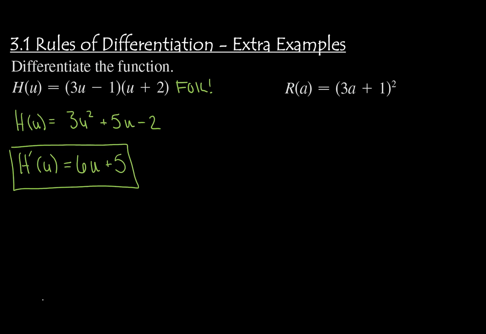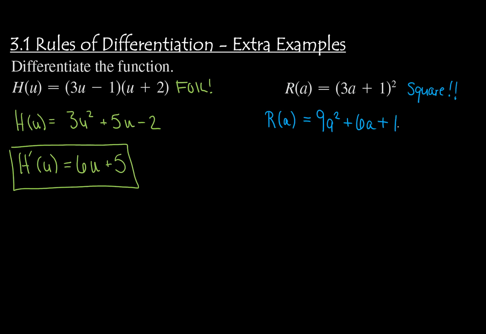All right, let's look at this next problem. Same thing. I want you to multiply this out. Okay? So before we take the derivative of r, what we need to do is multiply this binomial out first.